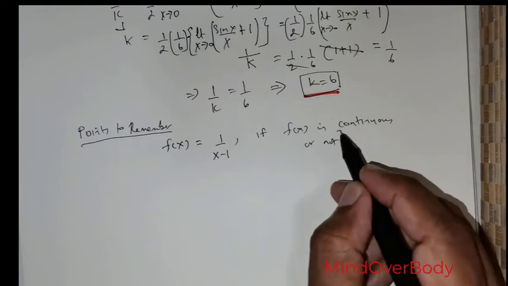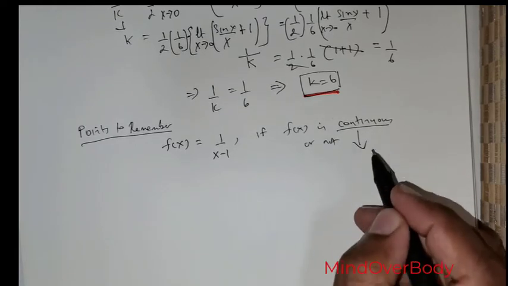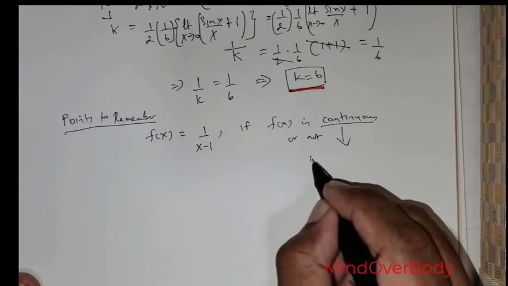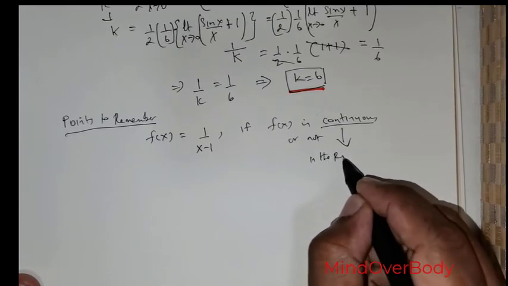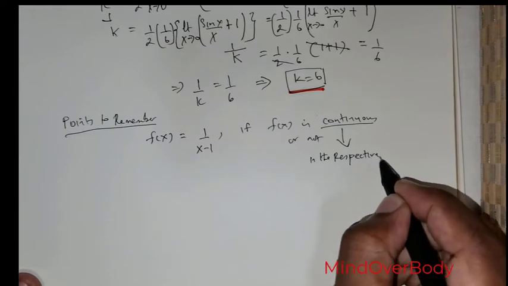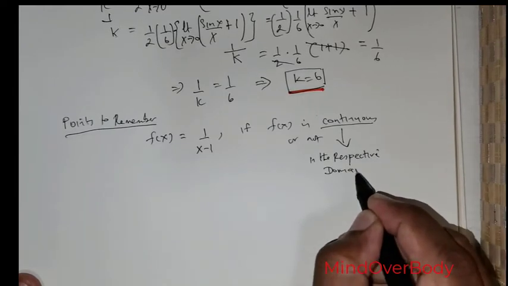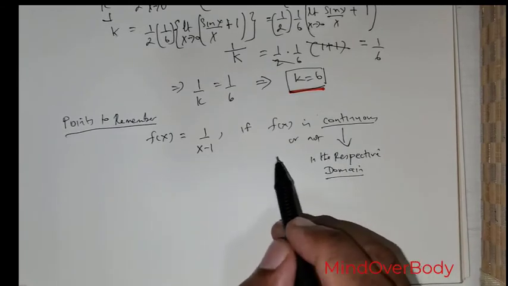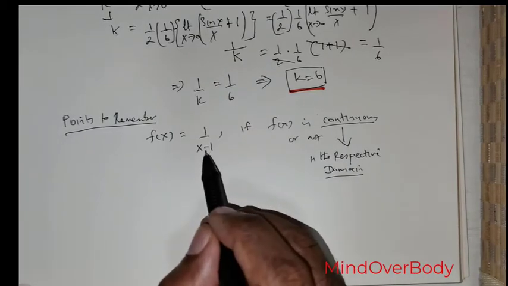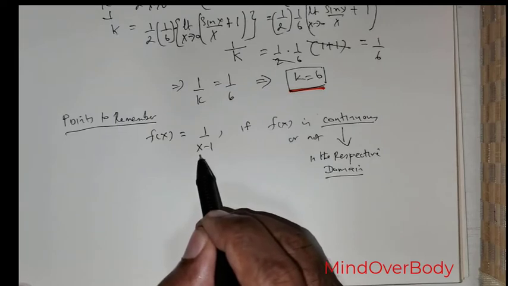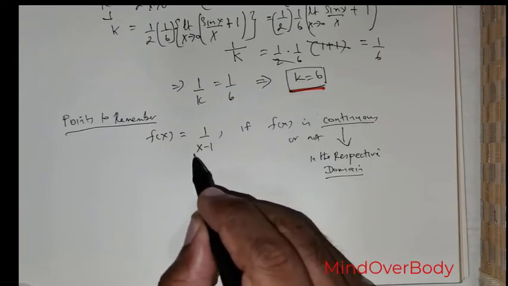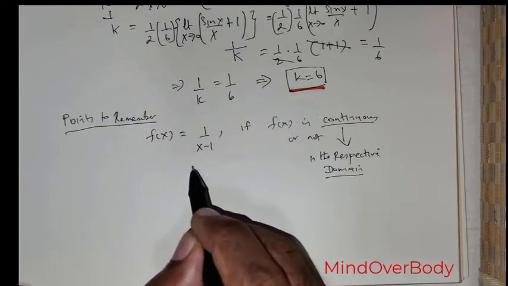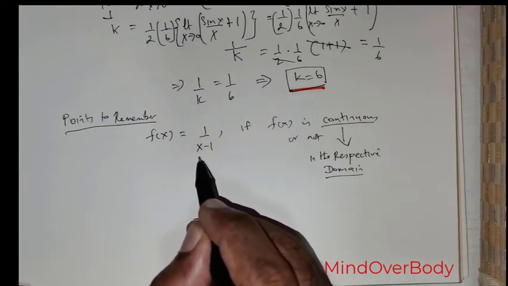When we talk about continuity, we are specifically talking about the continuity of the function in the respective domain. That is a very important point. So immediately we cannot say this function is not continuous because the function vanishes at x is equal to 1. It doesn't matter. What matters is where exactly this function is continuous.